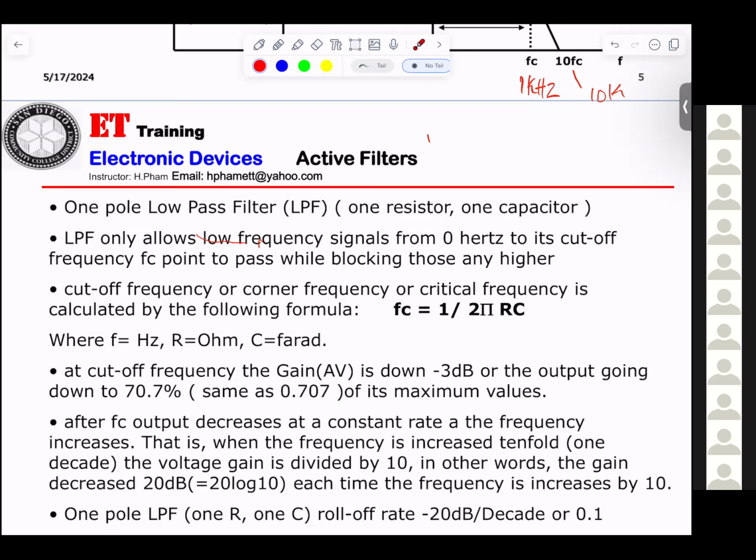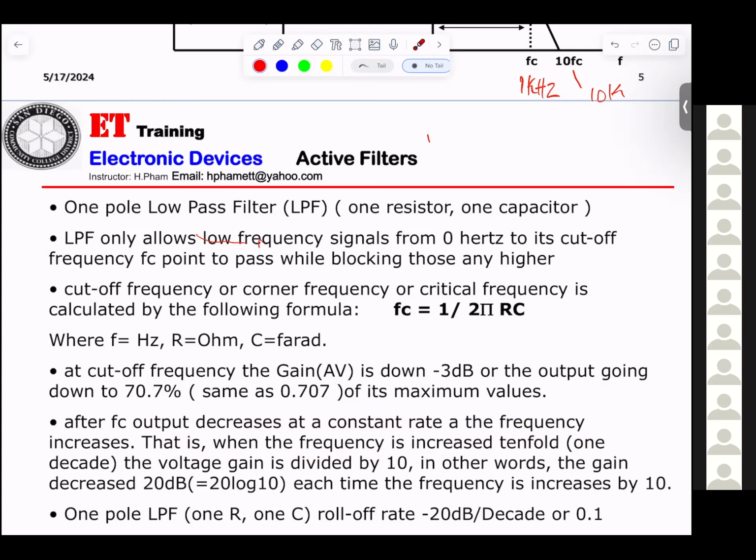After the cutoff, output decreases at a constant rate as the frequency increases. That is, when the frequency increases tenfold, 1 decade, the voltage gain is divided by 10.